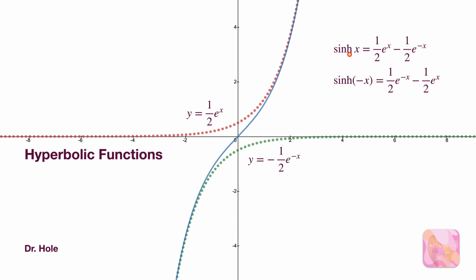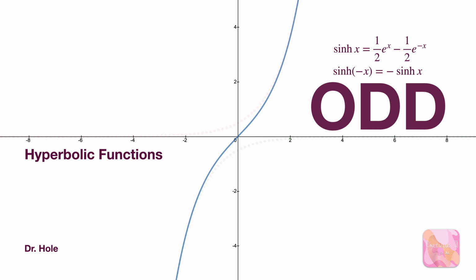Expressing that in terms of the original sinh, we can factor off a negative 1 and come up with negative sinh of x equaling sinh of negative x. This is the algebraic definition for an odd function. Thus, hyperbolic sine and sine are both odd functions.